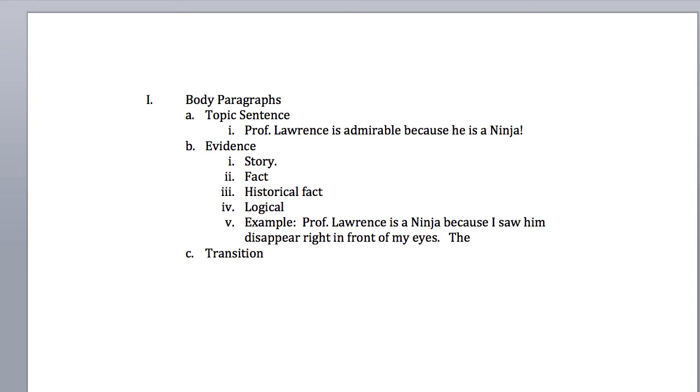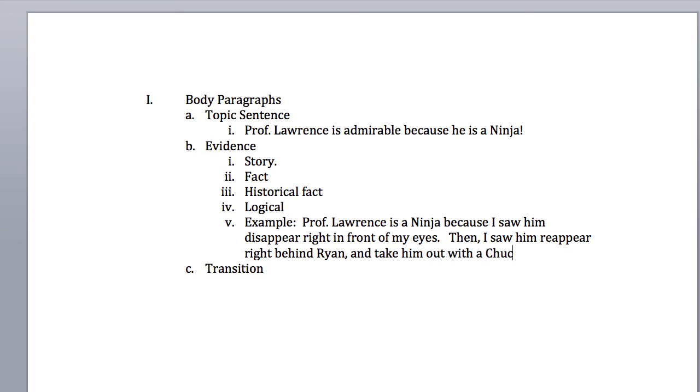Then I saw him reappear right behind Ryan and take him out with a Chuck Norris karate chop.